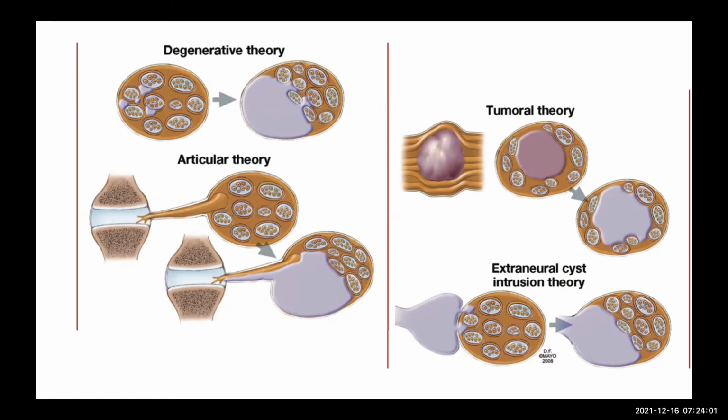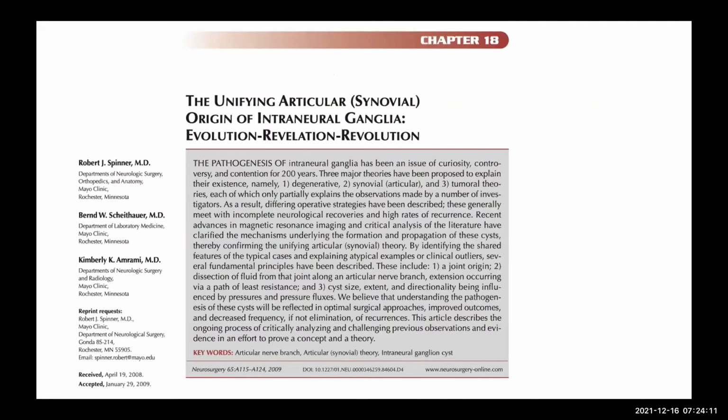And as you can see there, there's a joint associated. So these can occur in other areas, but the most common area is the peroneal nerve, coming from the synovium. So it is a true ganglion cyst, and that's why the pathology looks like a ganglion cyst coming from the synovium, but it's inside the nerve.